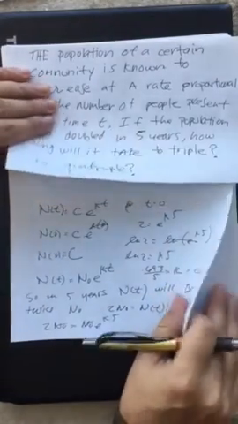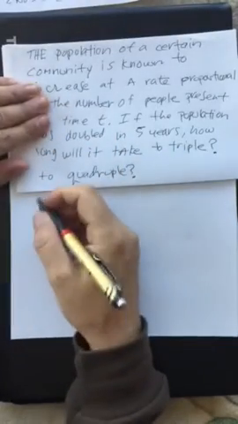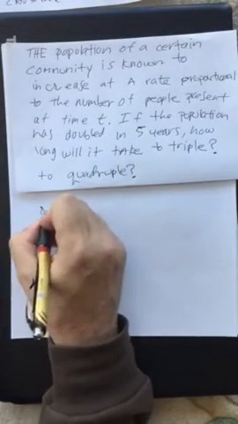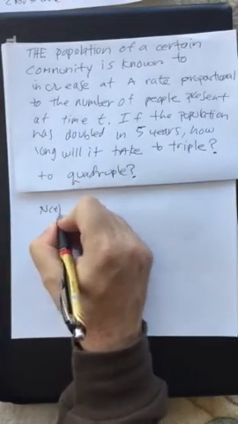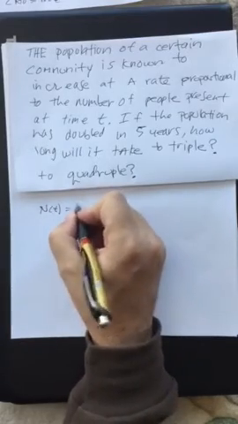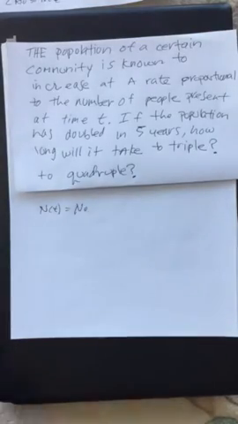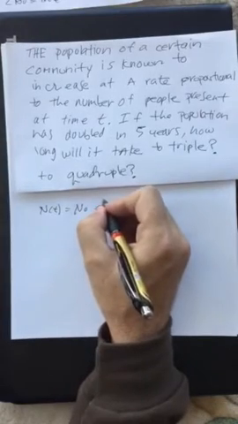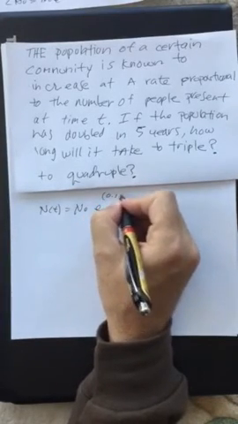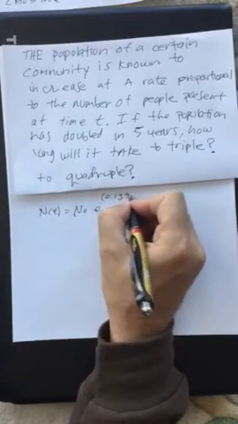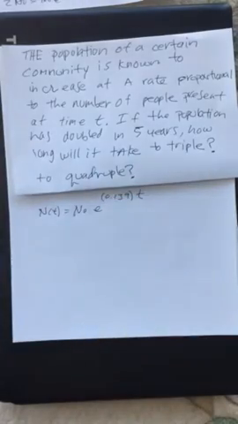Alright, so now we have everything to put the formula back together. The population at time t equals N naught, that's what c is now, times e to the 0.139 t. So now all you need to know is t, and just put this as a function of N naught.